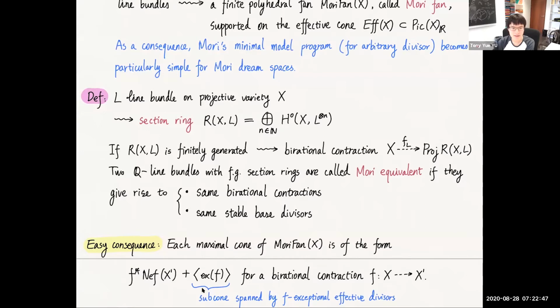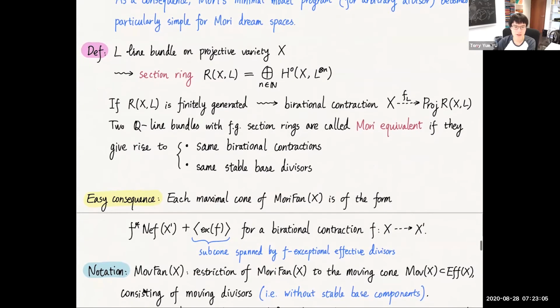And that's all, maximal cones of the Mori fan are of this form. And it's useful to distinguish one part of the Mori fan. We introduce the following notation. We denote by the Movable fan the restriction of the Mori fan to the moving cone, consisting of moving divisors. A divisor or line bundle is called moving if it has no stable base components.